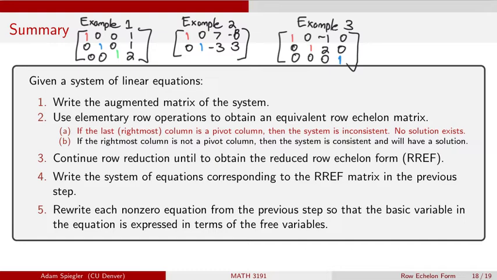So if I'm given a linear system of equations, we start with the augmented matrix. We perform these elementary row operations to obtain an equivalent reduced row echelon form.